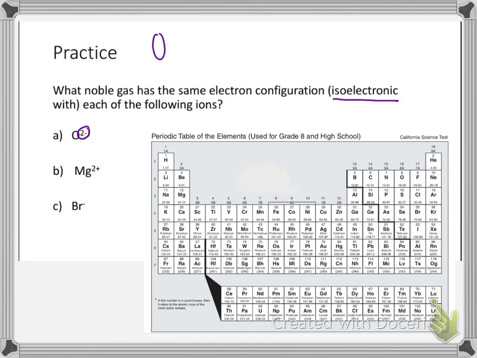And we change the ending to IDE. So this is called oxide. The atom is just called oxygen. But when it becomes a negative ion or an anion, we change the ending to IDE. Well, oxide is 2 negative, so it has gained 2 electrons.